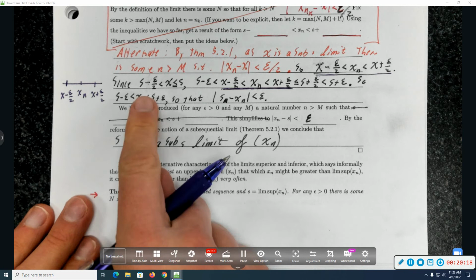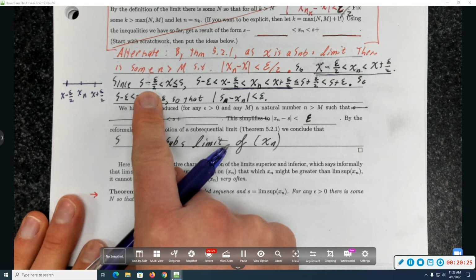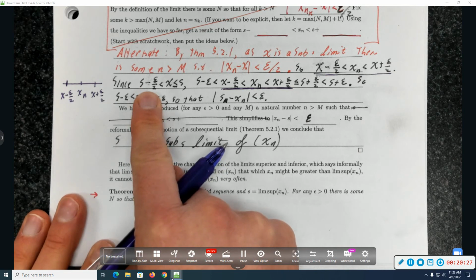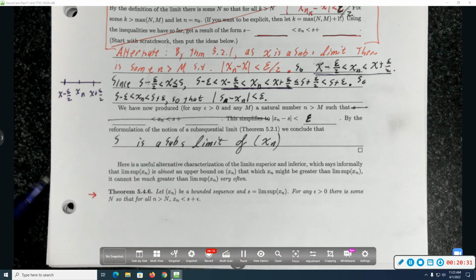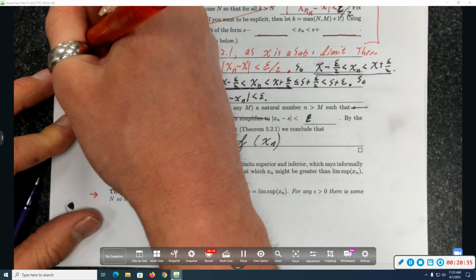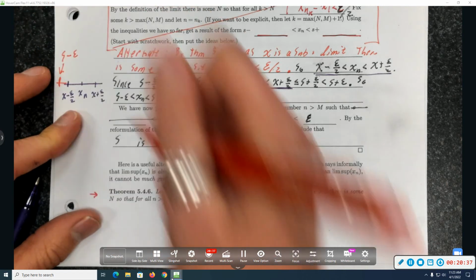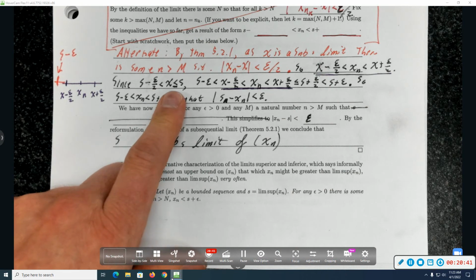I know that s minus epsilon over 2 is less than x, which means that s minus epsilon is less than x minus epsilon over 2. So s minus epsilon must be over here. Okay. I know that x is less than or equal to s.